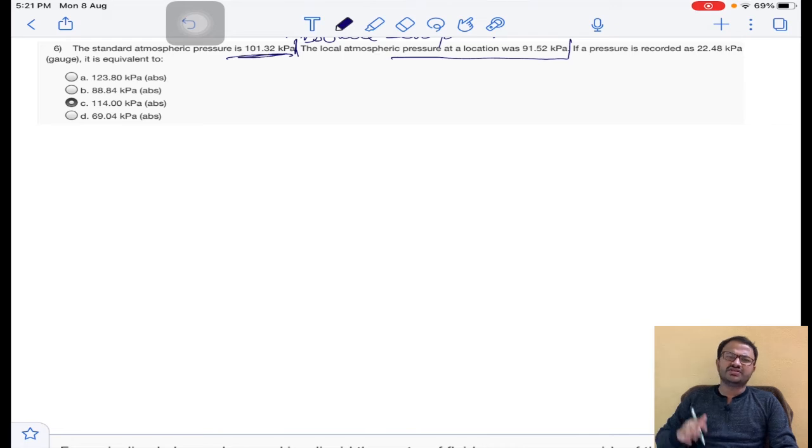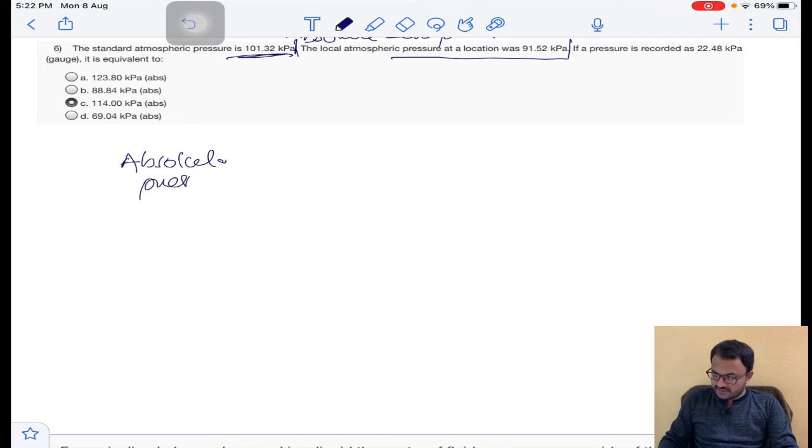Atmospheric pressure. So for the entire India, we will take only one value as a standard atmospheric pressure. This value is not available at all the locations. There are different local atmospheric pressures at different areas. So now we need to calculate the absolute pressure at our location.